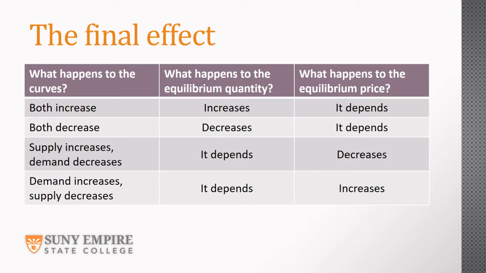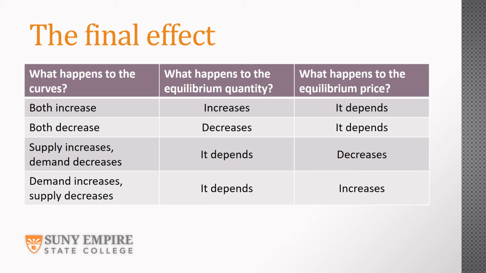What happens to equilibrium price and equilibrium quantity if both supply and demand are changed? In all possible shifts, either equilibrium price or equilibrium quantity are guaranteed to change. The change in the other factor depends on the relative size of the shifts for the supply and demand curves.